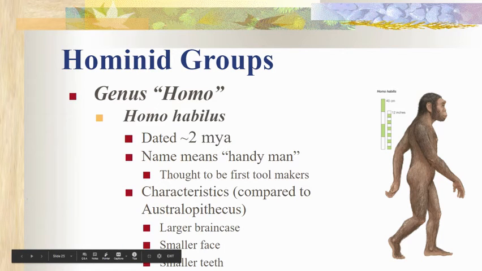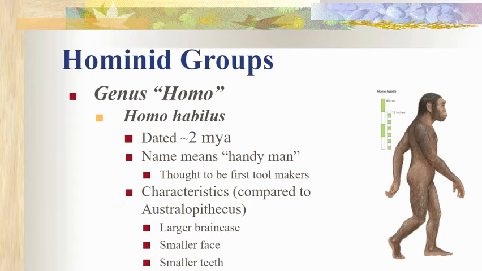So now moving on, after Australopithecus, we see hominids who belong to the genus Homo. And so the first one in this genus would be Homo habilis. And this species is dated at about 2 million years ago.